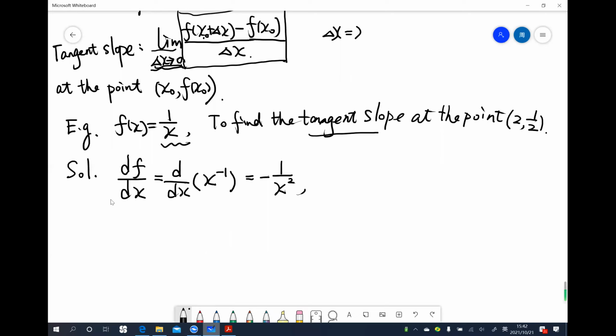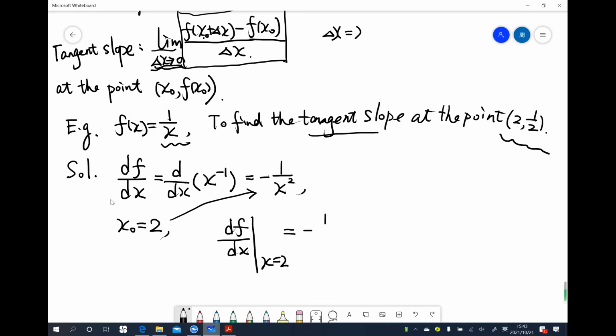And at the point 2, 1 by 2 here, we know x0 equals 2. So we can substitute x equals 2 into this function to get df by dx at the point x equals 2, which equals minus 1 by 2 squared.